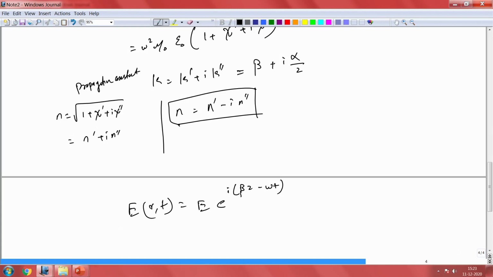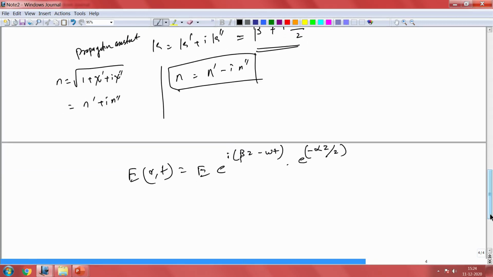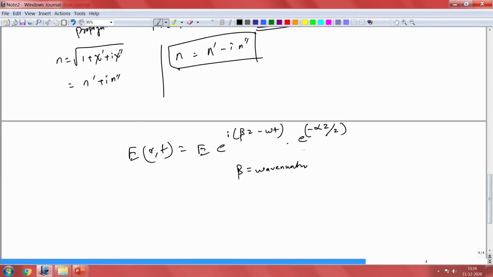You do not have to be surprised about what happened to k: K has become beta here because it is the real part of the refractive index in this case, times e to the power minus alpha z times half. This is what you get when the light is propagating through the system. Beta is the wave number, the propagation constant along z, and now look at the damping factor here.